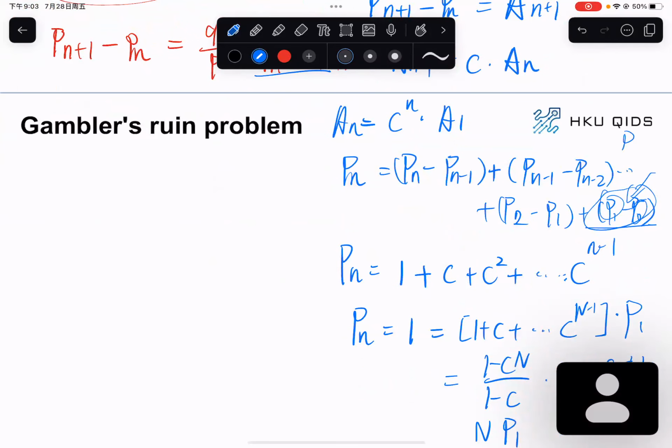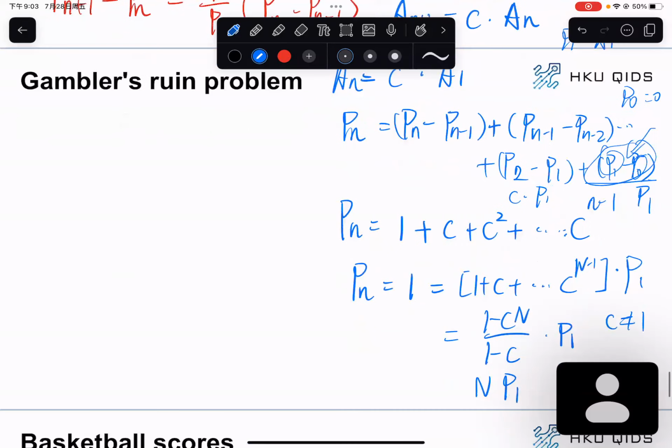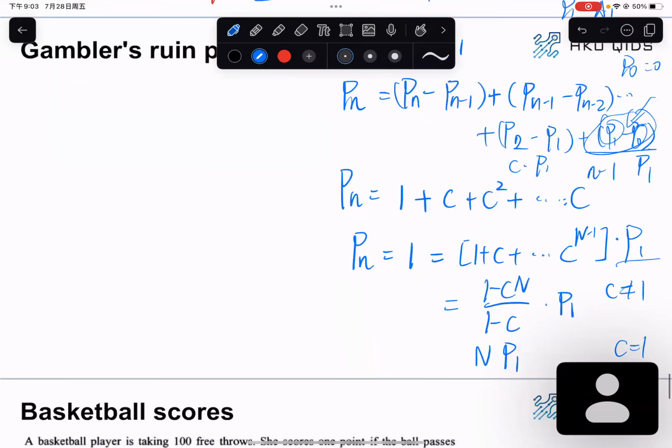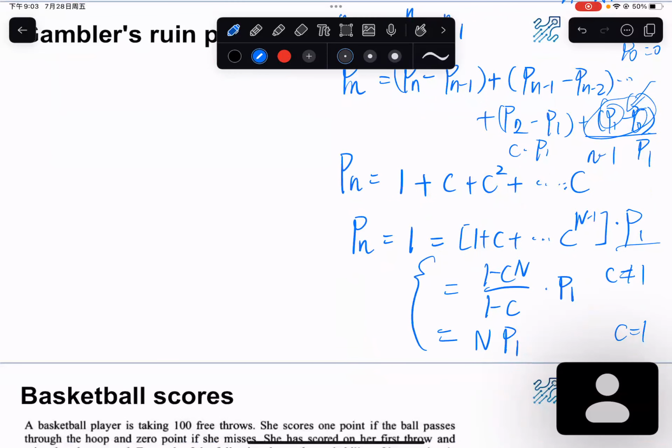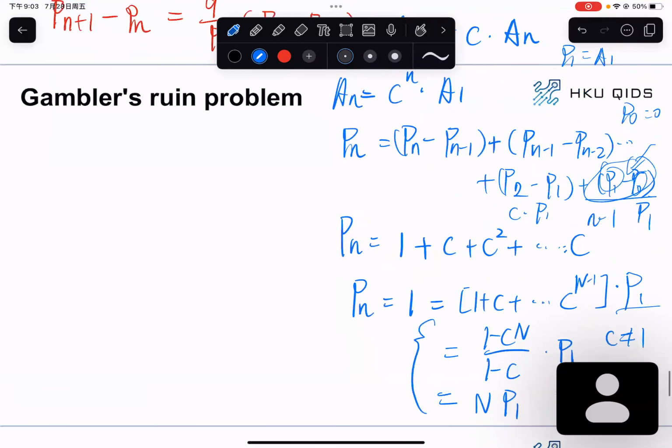So we know P0 equals 0. So we need to keep one P1 here, because P1 equals A1. That's the thing, okay? So we need to still have a P1 here. And this is our final solution. So by getting that, we have 1 equal to Pn equal to 1 minus C to the power of n over 1 minus C, multiplied by P1.